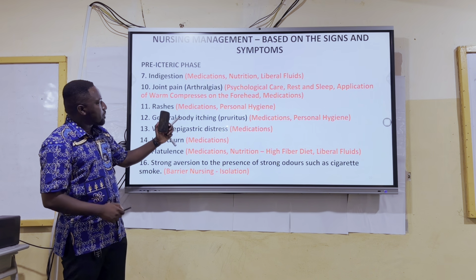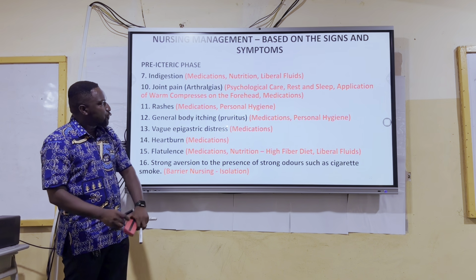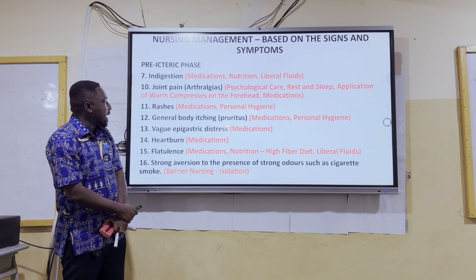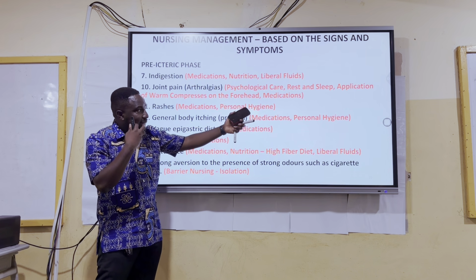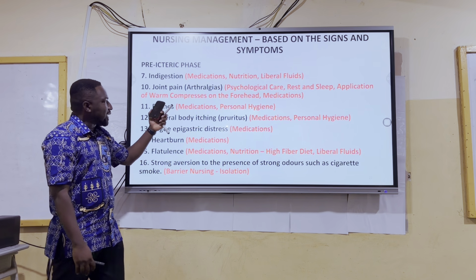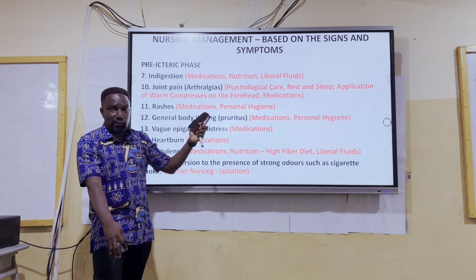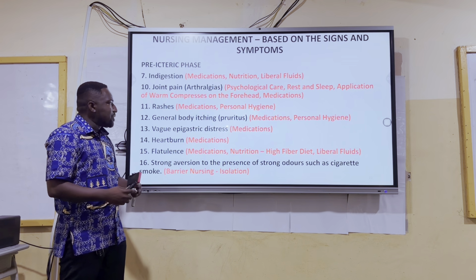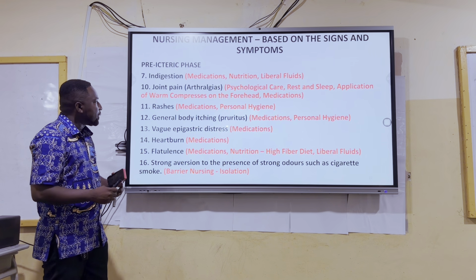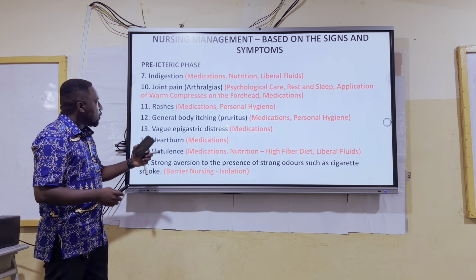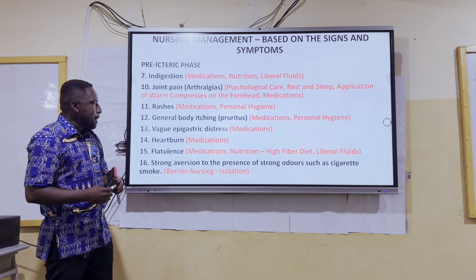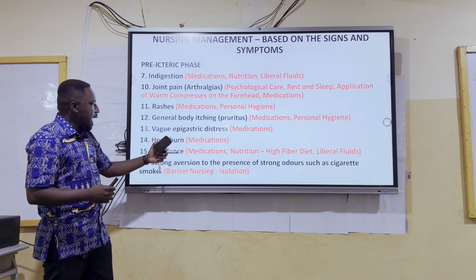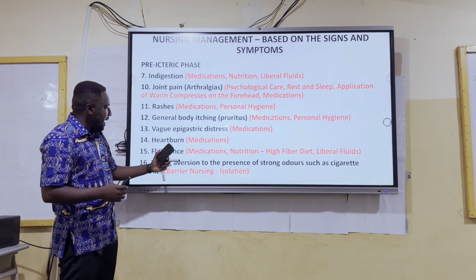For indigestion: medications, nutrition, and fluids are important. Joint pain: psychological care, that is diversional therapy, rest and sleep. And then still on the joints, application of warm compresses on the joint to relieve the patient of the joint pain. Rashes and general body itching: medications are given.